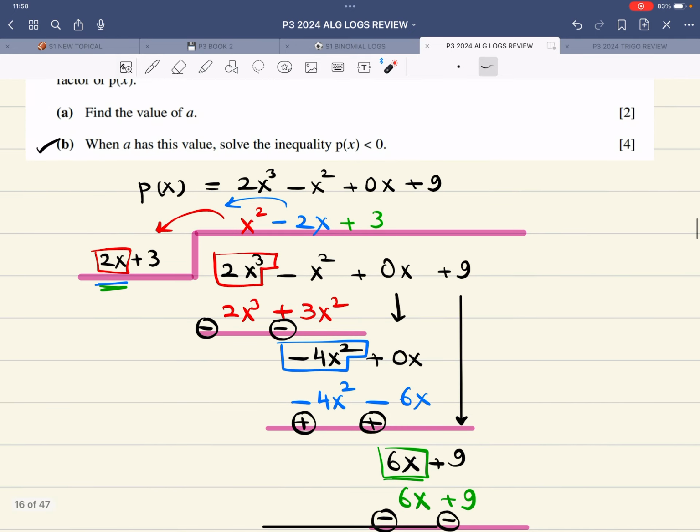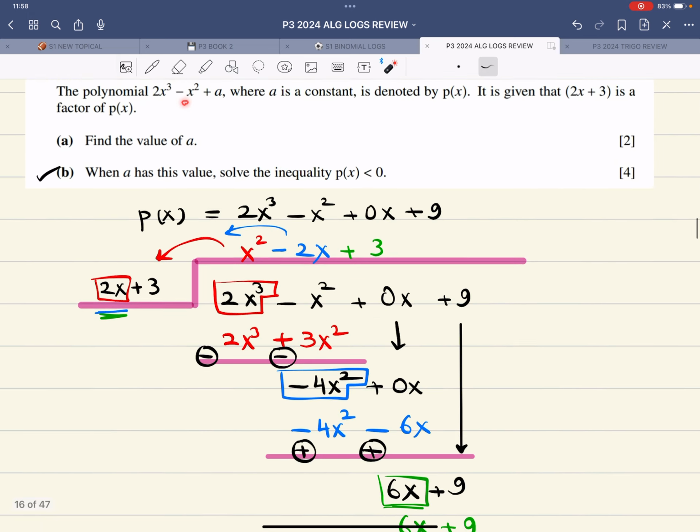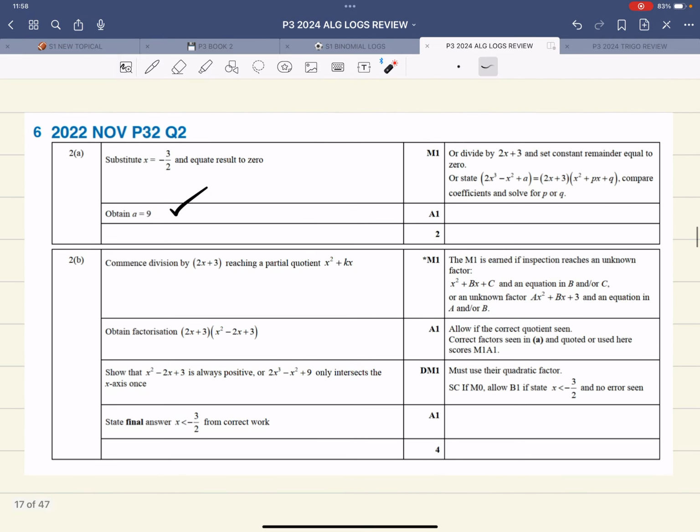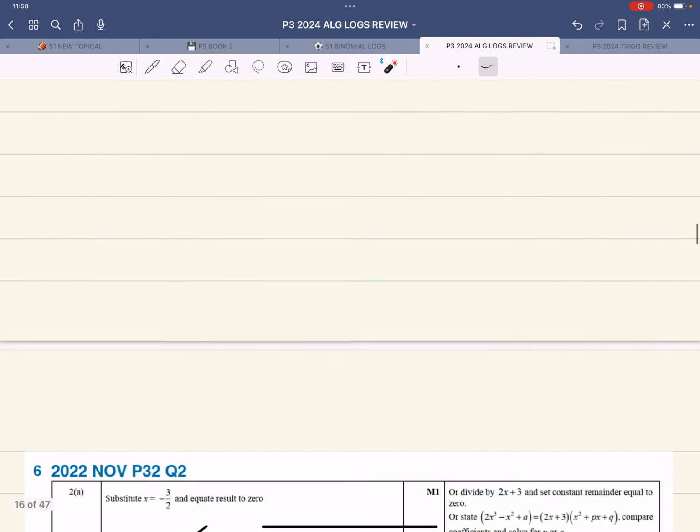Let me just double check. So now over here, we took this 2x squared over this thing. That is x squared, that is plus 3x. This was minus, was it minus? Yeah, it was minus. So this is minus minus, and it's giving a remainder of 0. Let's double check. Yes, it's minus 2x, all good.